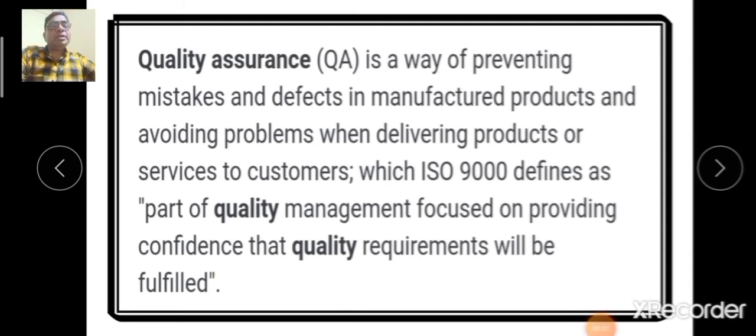QA, that is quality assurance, is a way of preventing mistakes and defects in manufactured products and avoiding problems when delivering the products or services to the customer.